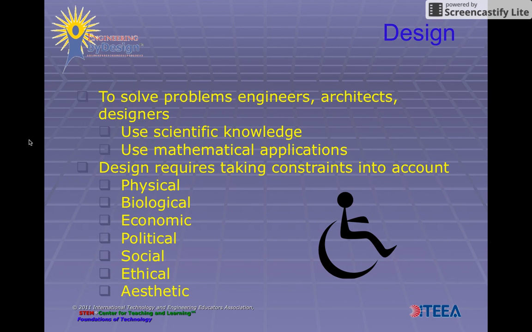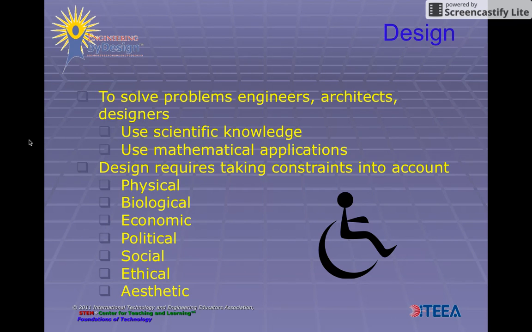All right, so to start with, to solve problems, engineers and architects must know many different things, but specifically, we want to make sure that they know scientific knowledge and mathematical applications. So again, remember, STEM is science, technology, engineering, math. We're all interrelated. So as an engineer, not only do we have to know technology, but we also have to be aware of and have previous knowledge in science and math.